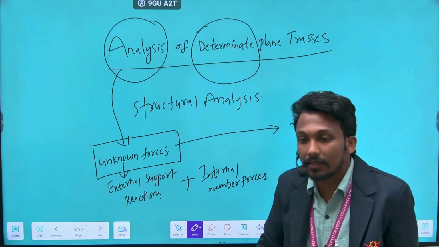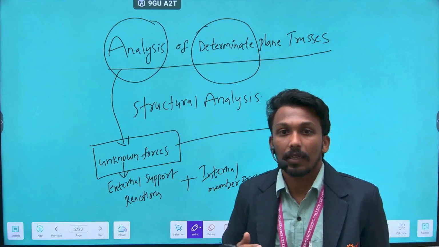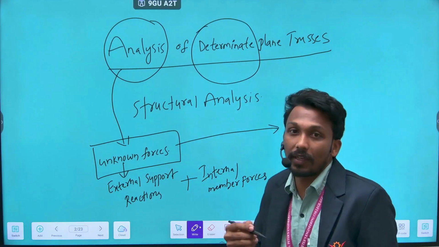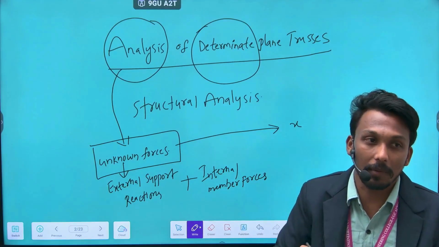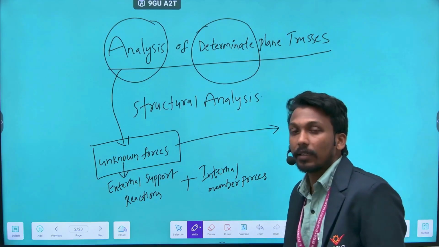Now we analyze these structures by the use of equilibrium equations. So if we are able to analyze the structure with the help of only equilibrium equations, then the structure is called a determinate structure.